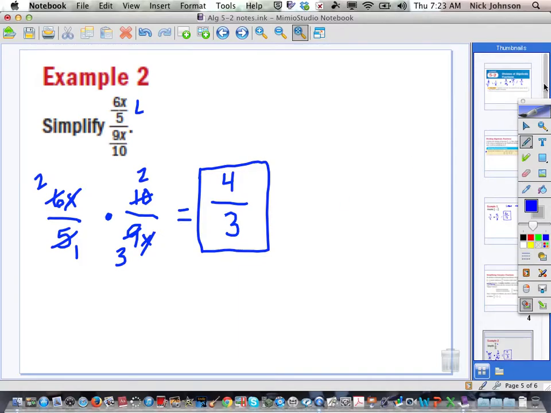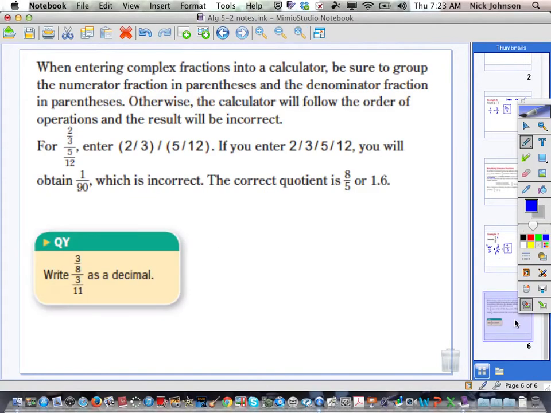Moving along to the last slide. This is very important because you're going to need this the rest of your mathematics career. It's how to type in fractions into your calculator. It says when entering complex fractions into a calculator, be sure to group the numerator fraction in parentheses and the denominator fraction in parentheses.